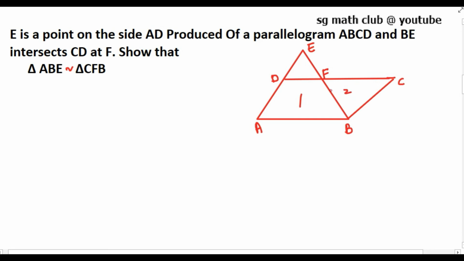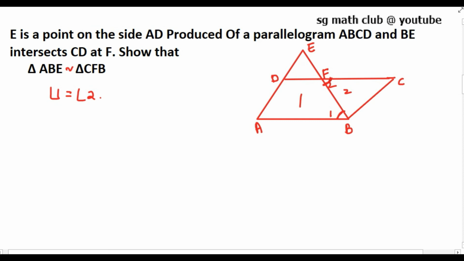So here I can write that, if I am giving this angle as 1 and this angle as 2, I can write angle 1 equal to angle 2, because by alternate interior angles these two angles are equal. We know in a parallelogram opposite sides are parallel, so we can consider AB and CD are parallel lines and EB as a transversal.